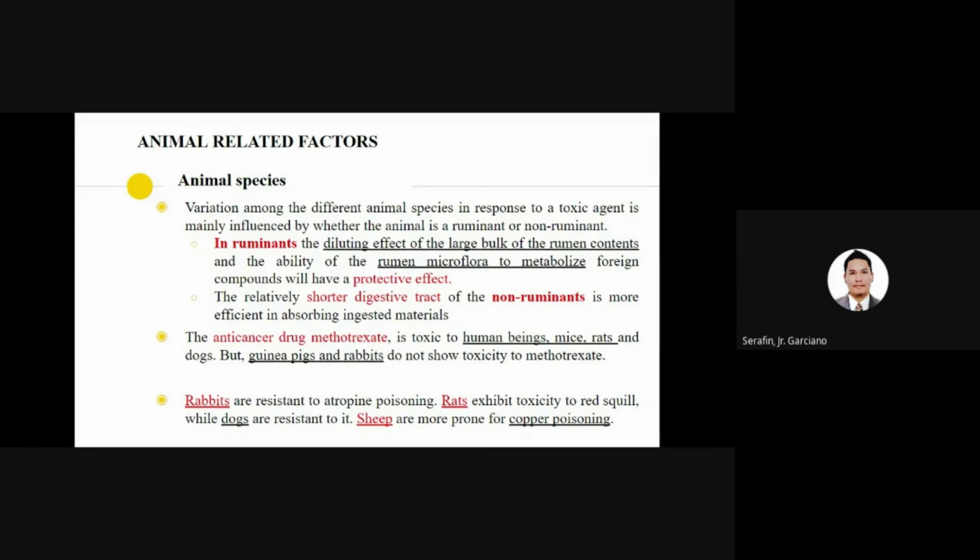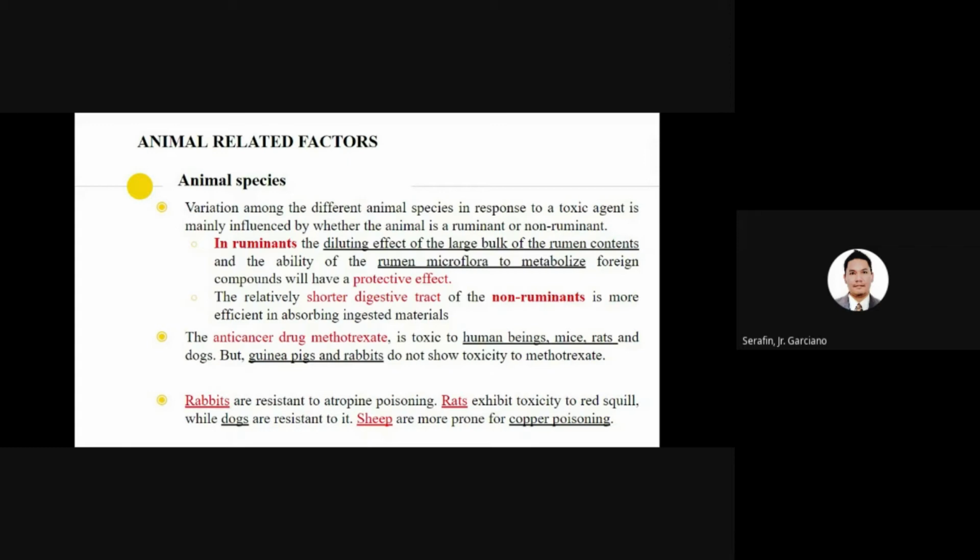Ruminants have a longer digestive tract and a lesser chance of toxicity. The diluting effect of the large bulk of the rumen contents and the ability of the rumen microflora to metabolize foreign compounds have a protective effect in ruminants.